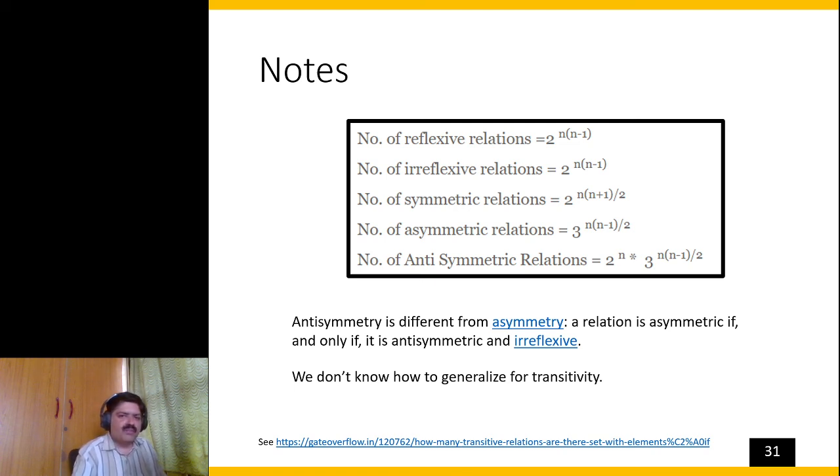So don't worry about memorizing them, but rather ask yourself how these formulae explain, or how would you count, let's say, symmetric relations and why it turns out to be n(n+1)/2 possibilities there. At the moment, we don't know how to generalize for transitivity, so you are saved from there.